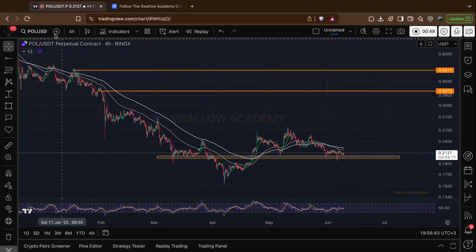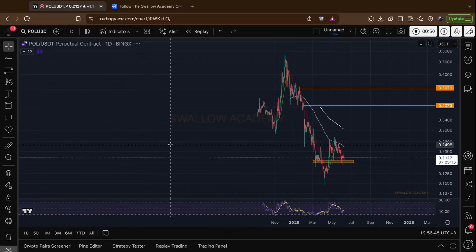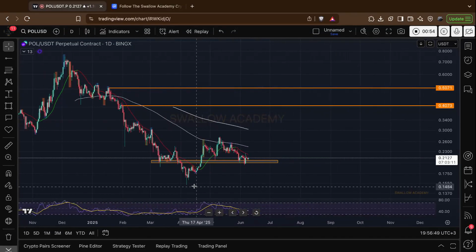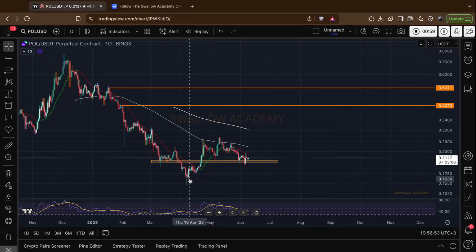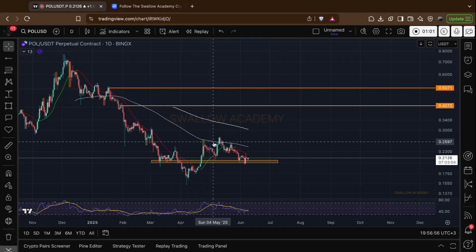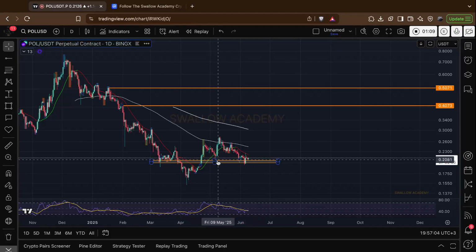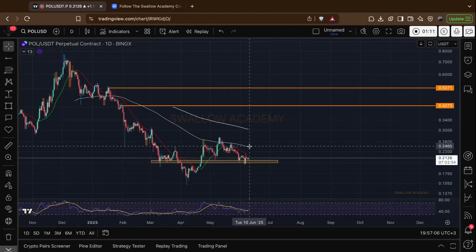Let's go to the daily time frame quickly as well. We see that we had formed a local bottom here near the 15 cents, let's call it. Then we had a nice breakout and have basically been trading inside this supportive zone, which was secured in those regions here and also here, and in between of this 100 EMA.